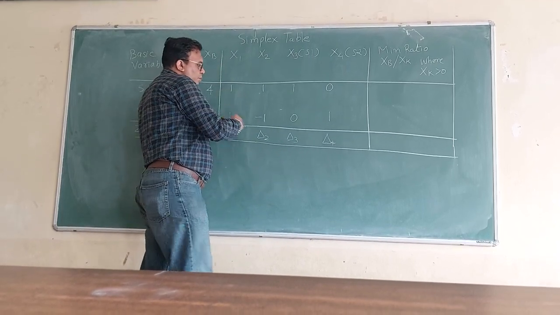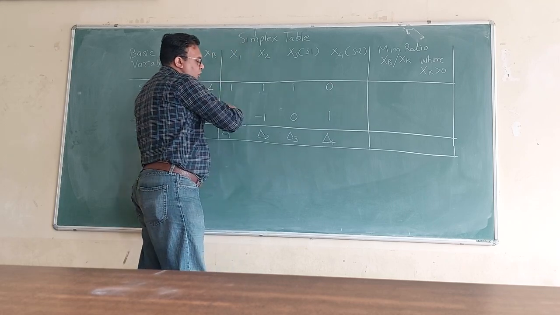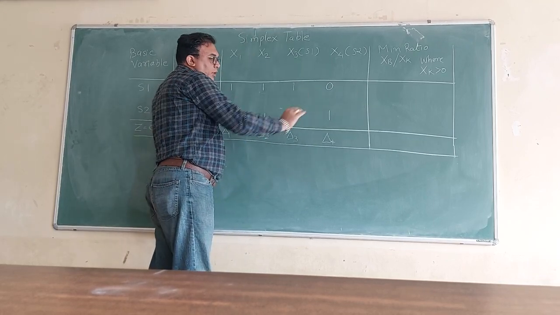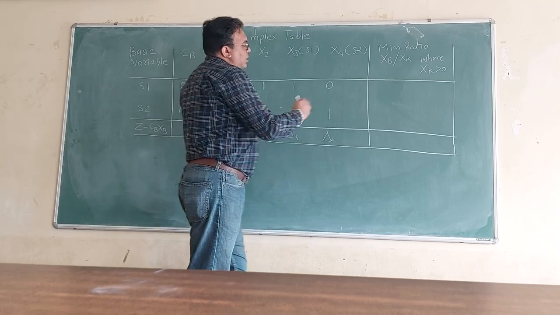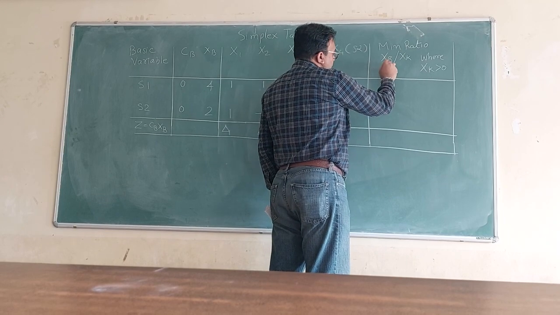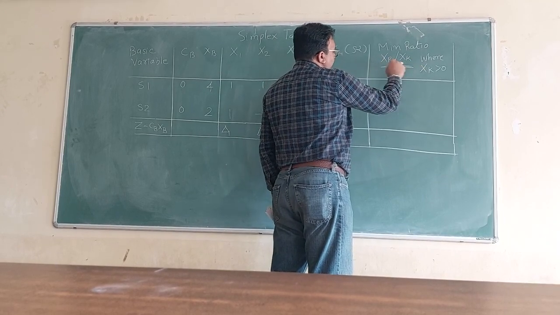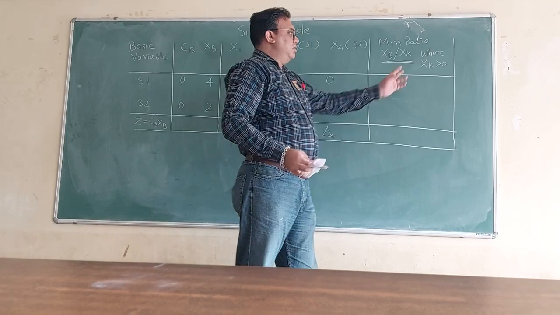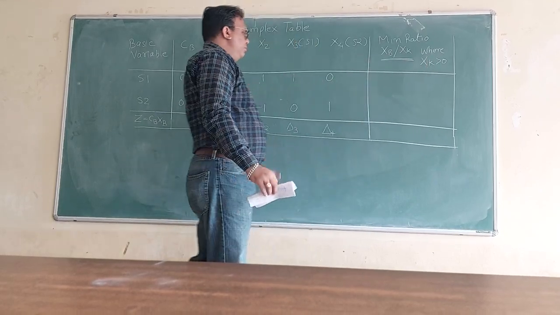So this is a simple matrix with values 1, 1, 1, 0, 1, minus 1, 0, 1, right? In this case, the minimum ratio we also have to find with the help of this formula: xb upon xk, where xk value is greater than 0.